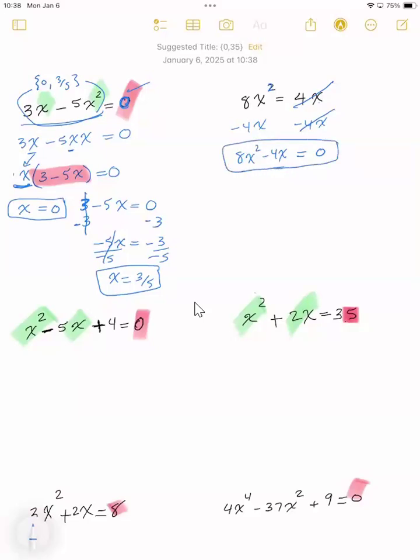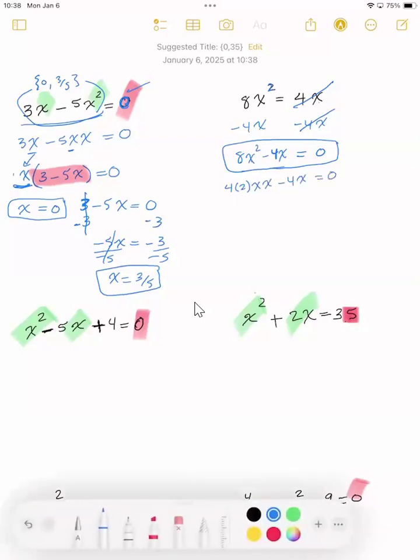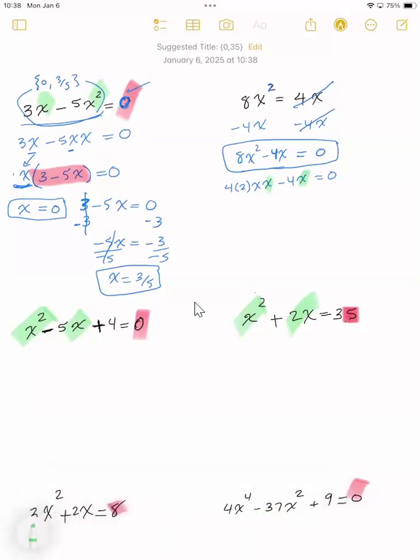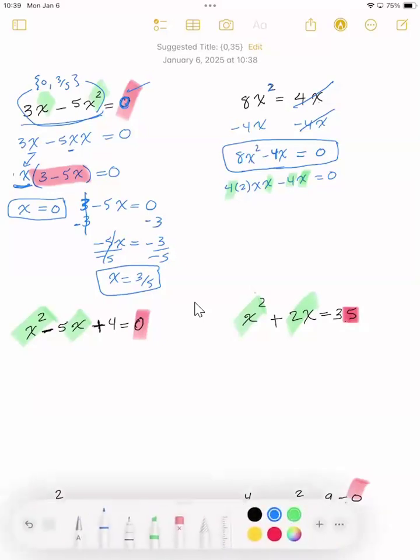I have to factor, and to factor, I see that I have a 4 here, and I see that 8 can be written as 4 times 2. I have x to the power 2, which is x and x. I look for the common factor, which is x and 4. So 4x is the common factor.